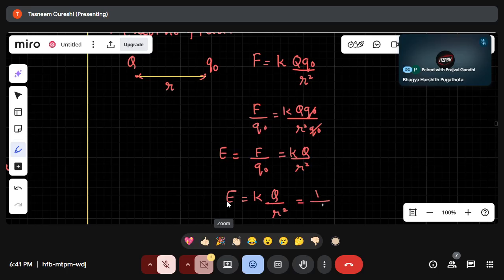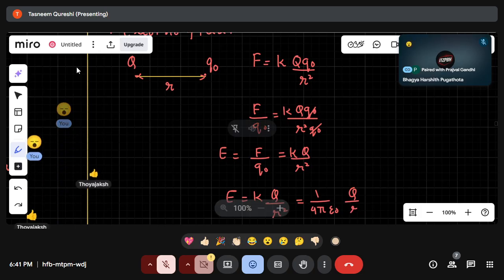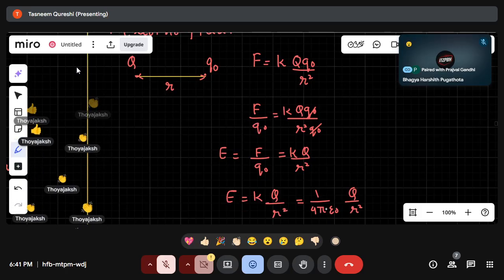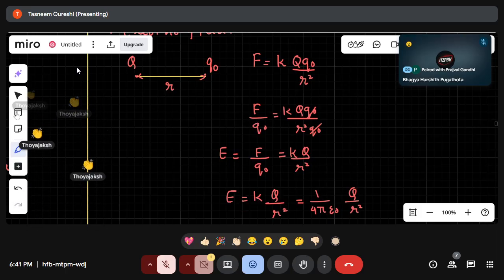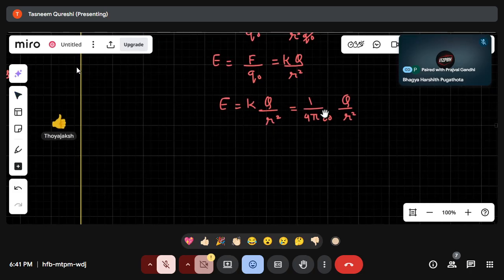Instead of k, you can write 1 by 4 pi epsilon 0 q by r square. What terms are there in this equation? You have capital Q, you have distance. Other than that, this entire thing is constant. So this equation is the electric field of the charge q at a distance r.